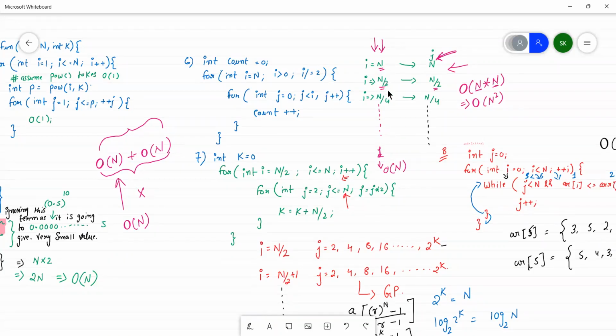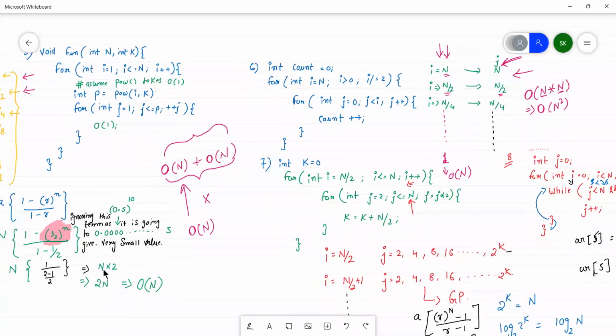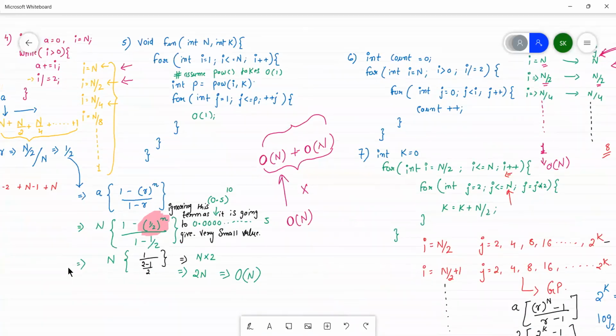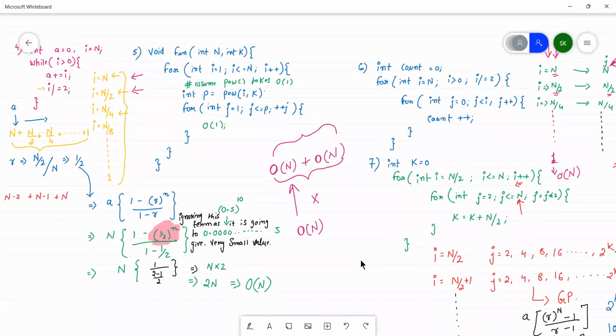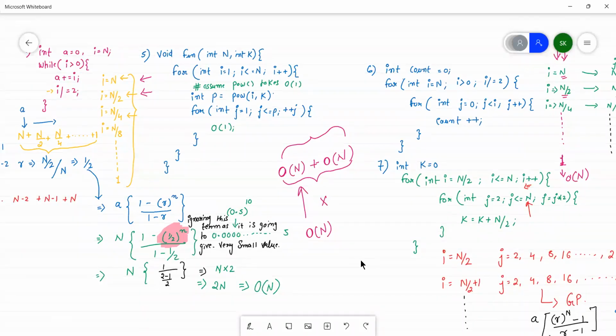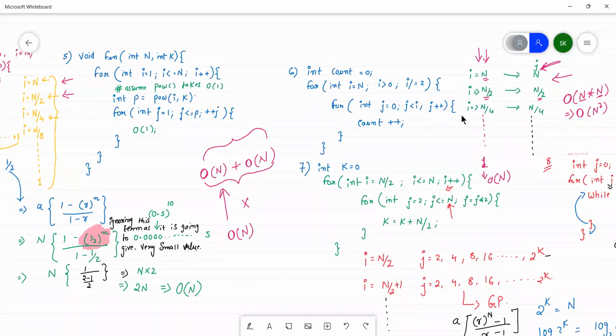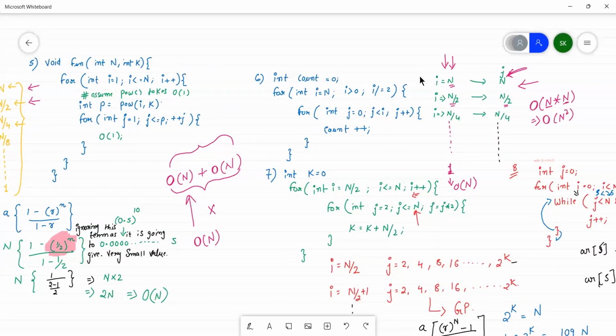So if you observe here, the values are the same as this fourth question, right? For the i loop. Are you able to notice that? But there is one inner loop as well which is running, right? Because of that, the inner loop is giving the complexity as n, the outer loop is giving the complexity as n, and overall it is becoming n square.